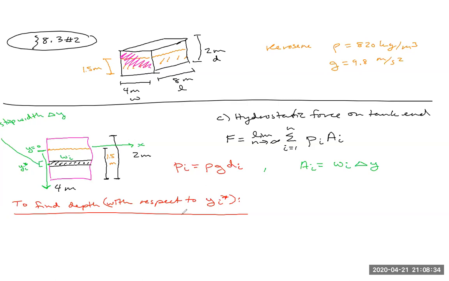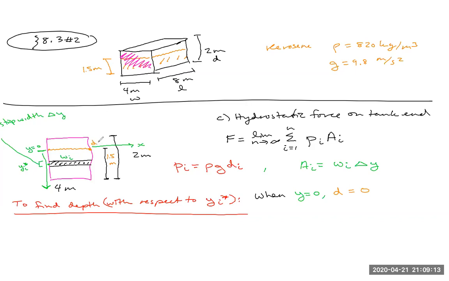And then to find a relationship between y and d, here's what I would suggest if you're still a little confused with this. You're saying, okay, well, what's the relationship between y and d? Is d actually always going to be equivalent to your y? No, it depends on how you set up your coordinate system. So when y is equal to 0, your depth of the kerosene is actually equal to 0 as well.